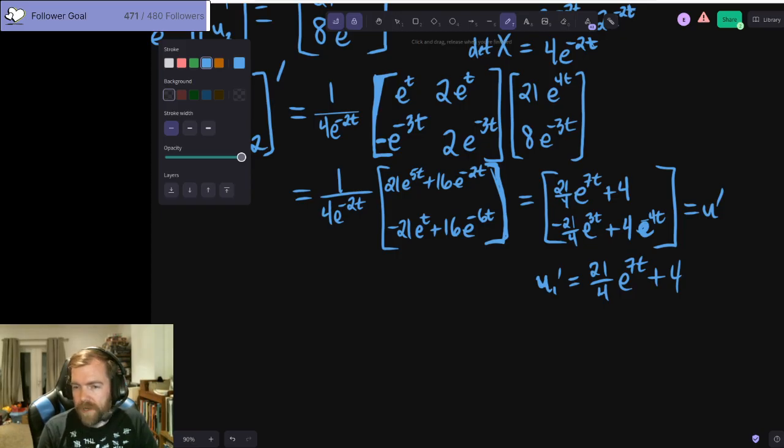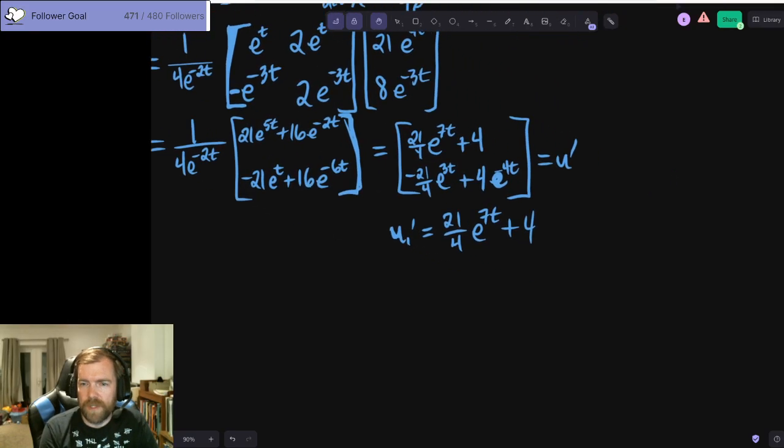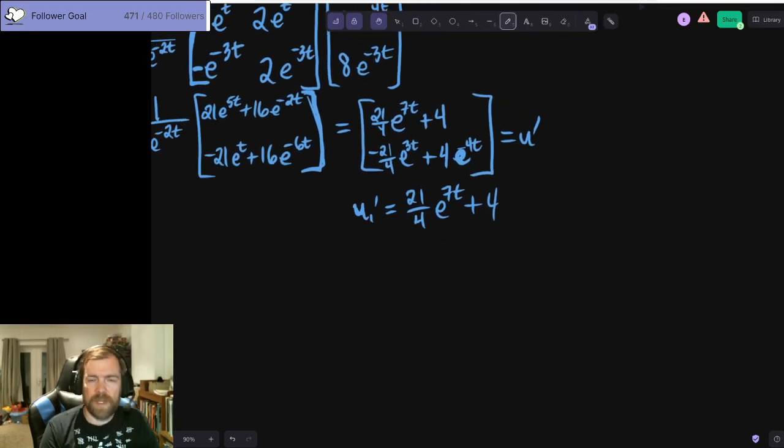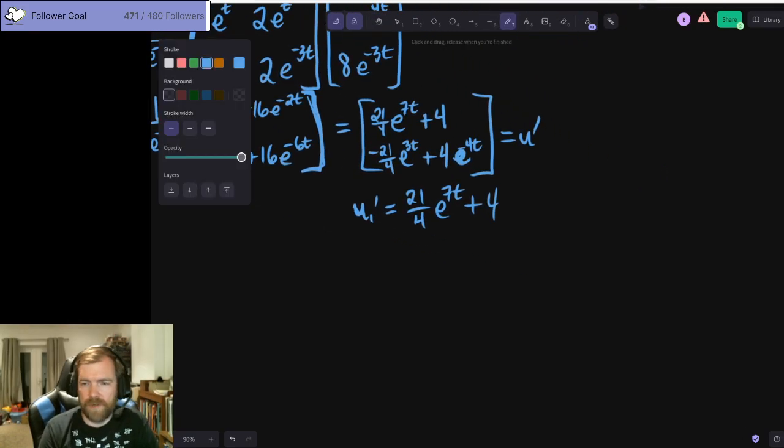So, very nice, very simple comparatively to solve. And granted, this is only an intermediate step to get back to our actual answer, but good enough for now. It's at least getting us somewhere. So negative 21 fourths e to the 3t.